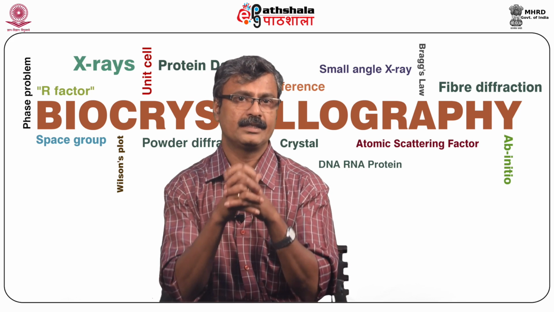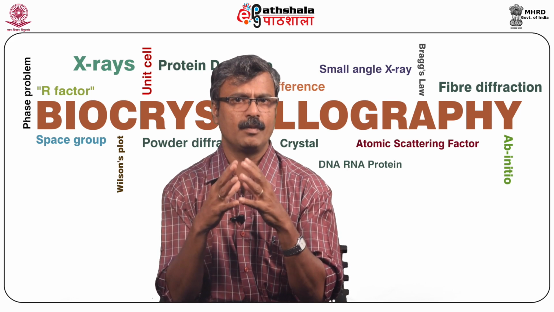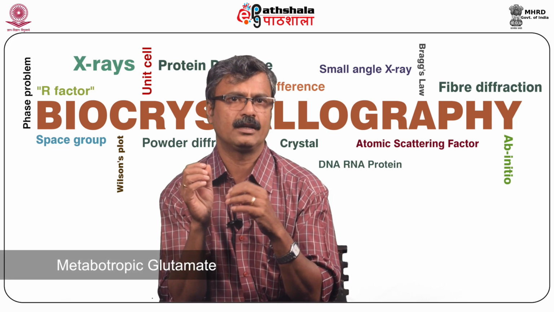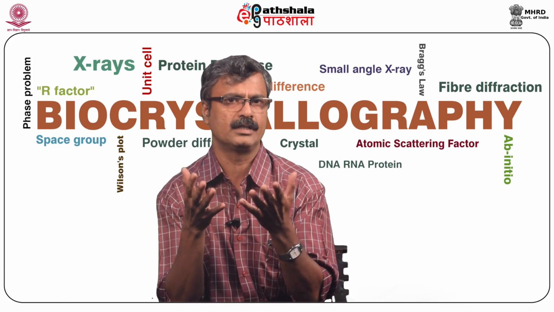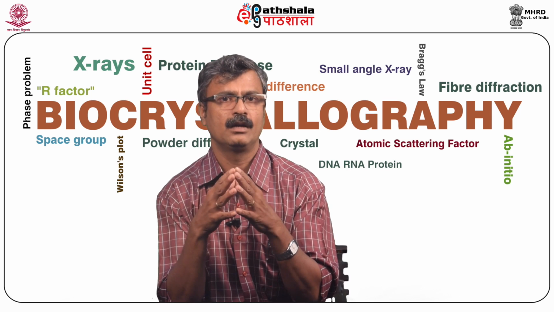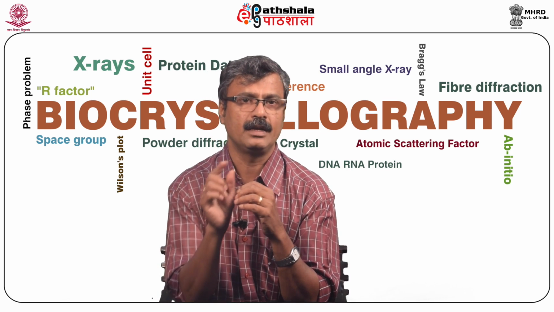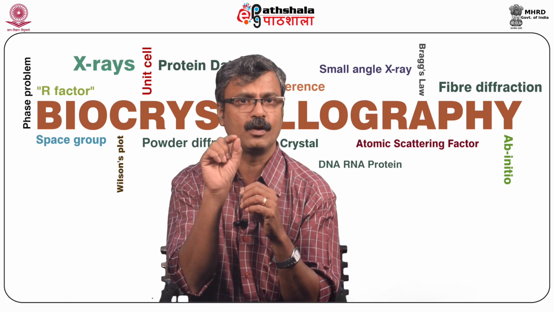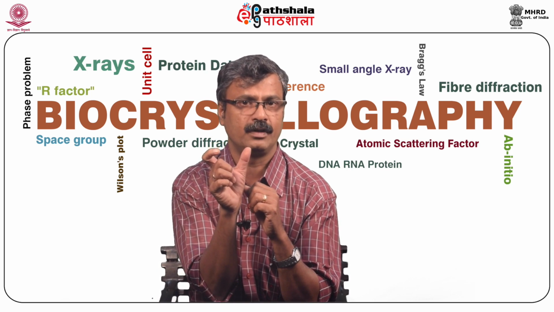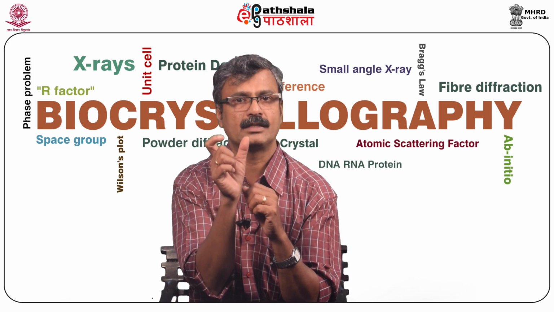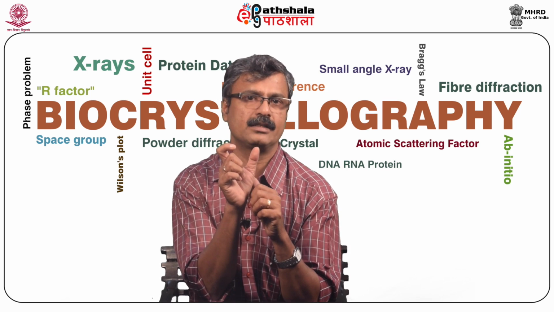And then there is an example here. The extracellular domain of metabotropic glutamate receptor, a neurotransmitter receptor, was subjected to mutation. Normally there is an Asn-X-Thr or serine, which is the N-glycosylation motif. It is an N-glycosylation site.